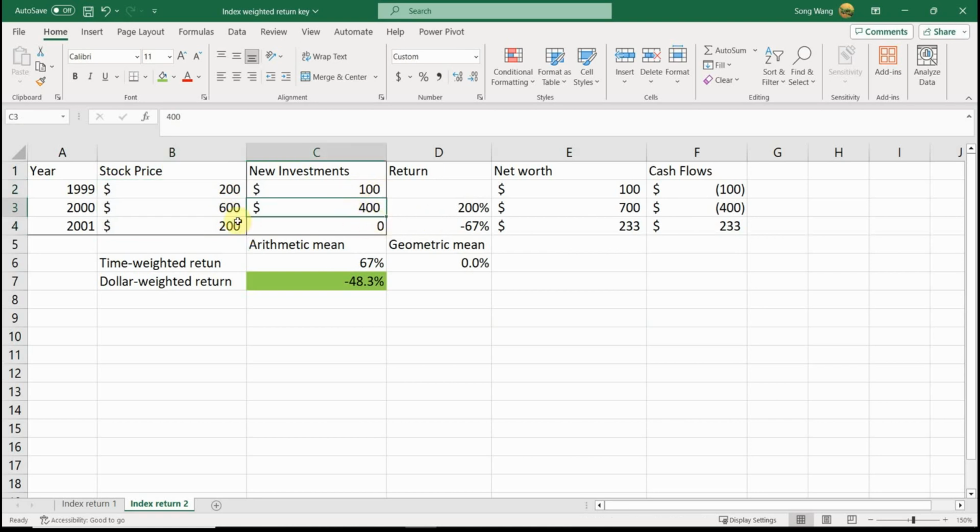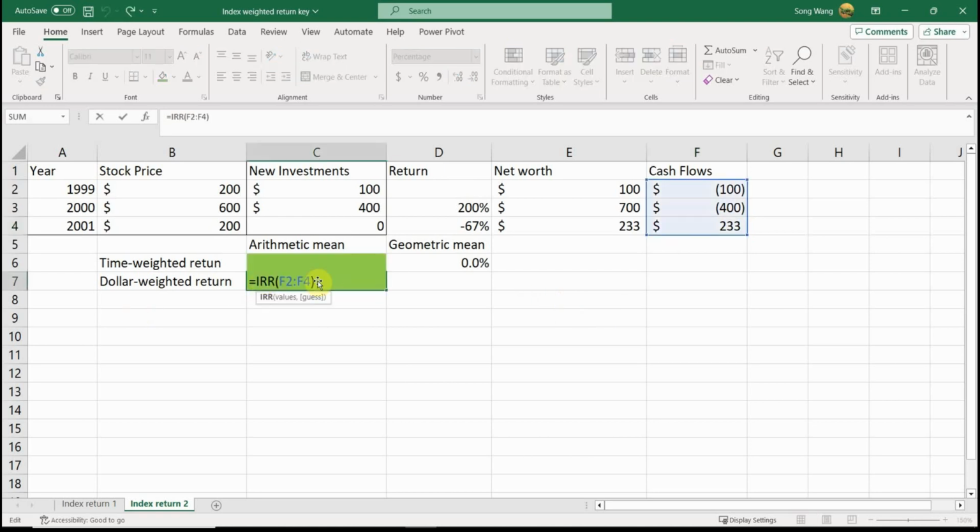Then we lost a lot of money when the market went down from 600 to 200, and we put out $100, another $400, and then after the market crash, or the bubble burst back to the original level, we end up with just a fraction of our investment. And this is how you calculate the dollar-weighted return.